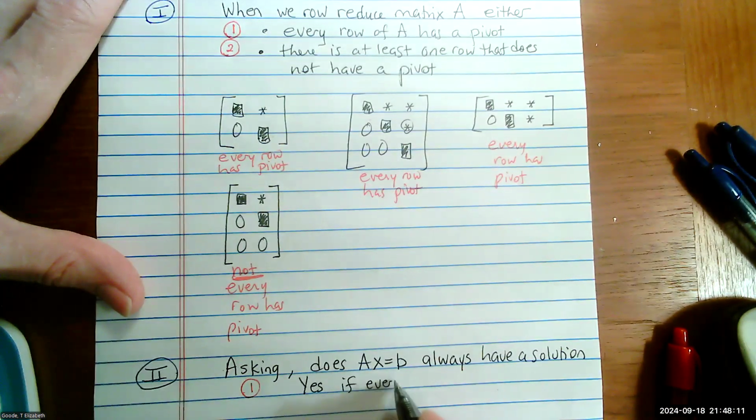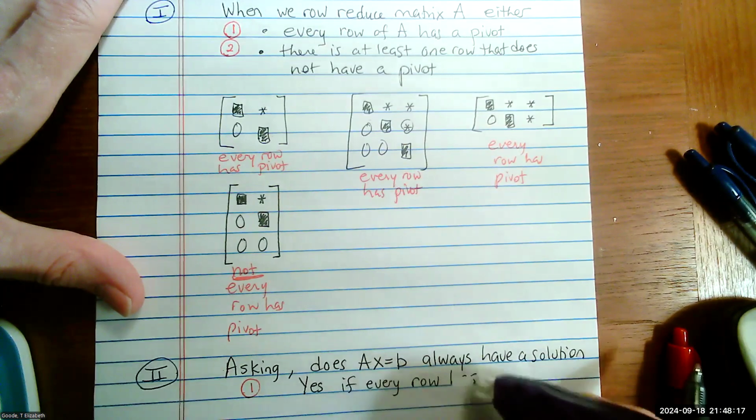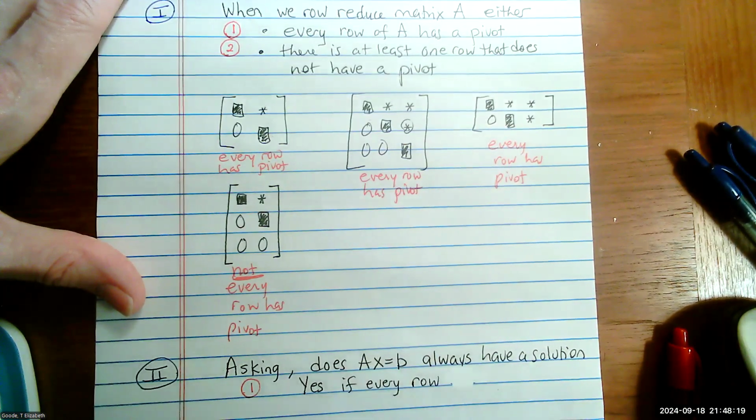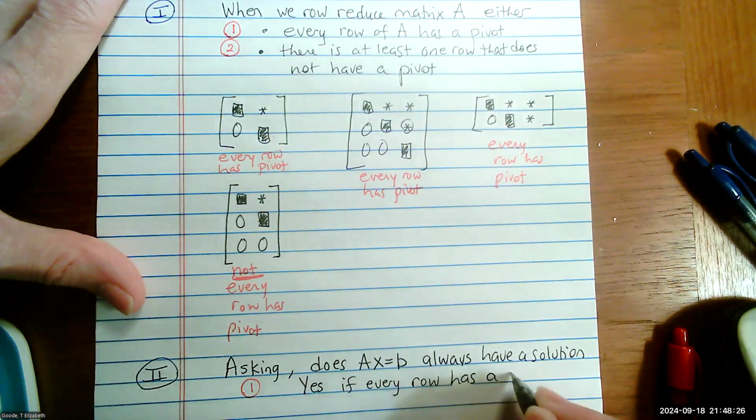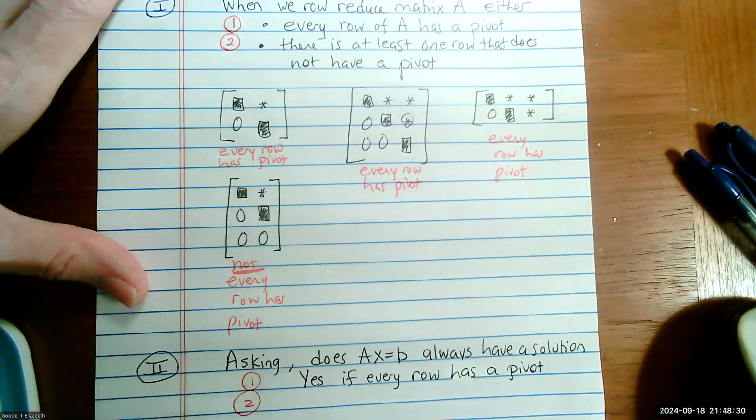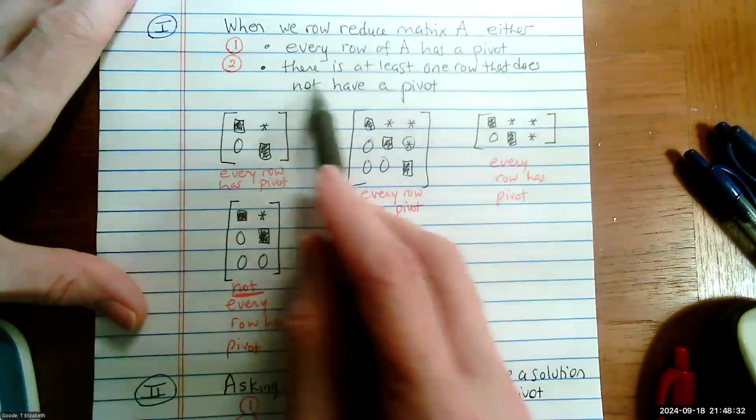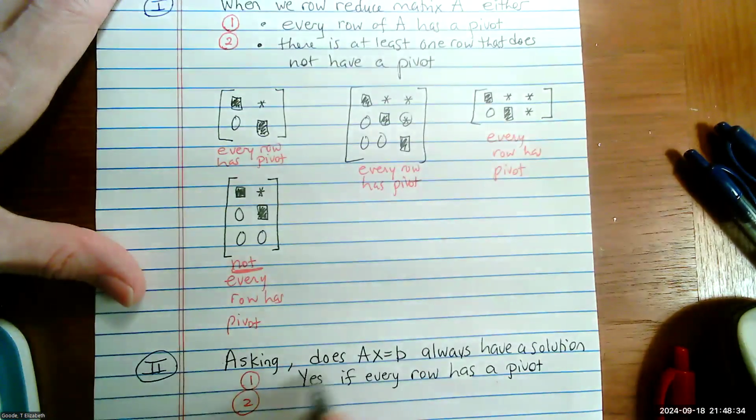If every row of A has a pivot, then AX equal B will always have a solution. But if there's at least one row that doesn't have a pivot, then no.